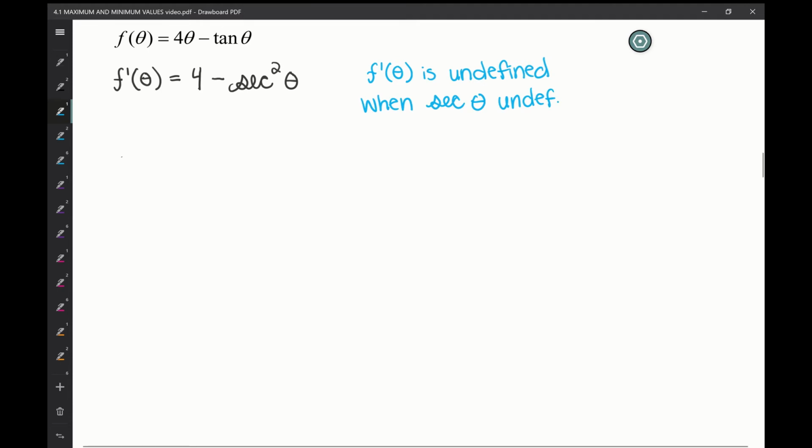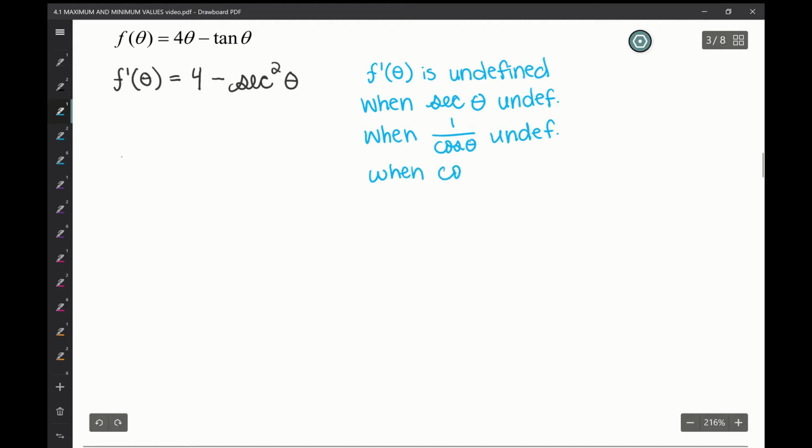Secant theta is the same thing as 1 over cosine theta. And 1 over cosine theta is undefined when cosine theta is equal to 0.